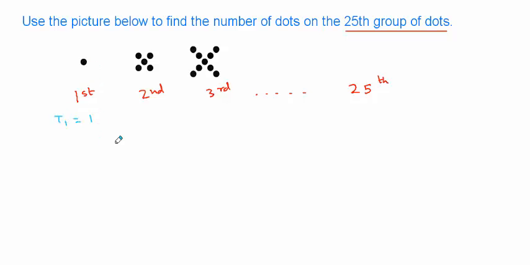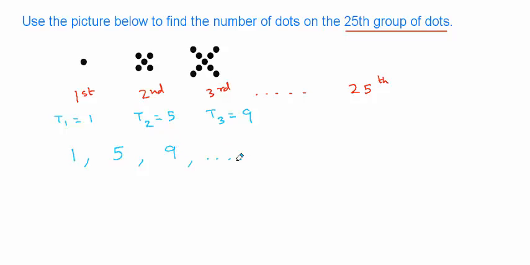The second group, or the second term in the sequence, T2, has got 5 dots. And the third term in the sequence is, we have 1, 2, 3, 4, 5, 6, 7, 8, 9. So T3 is 9. So we have 1, 5, 9, and so on.